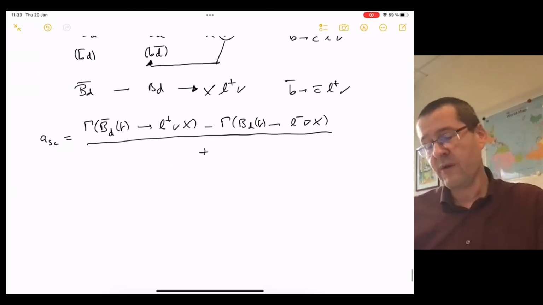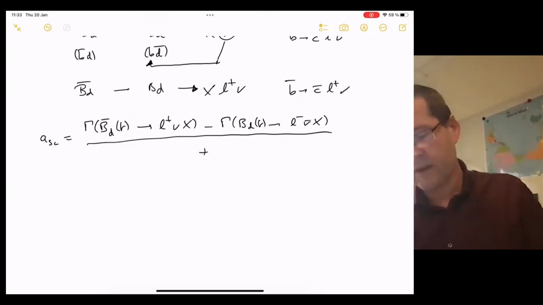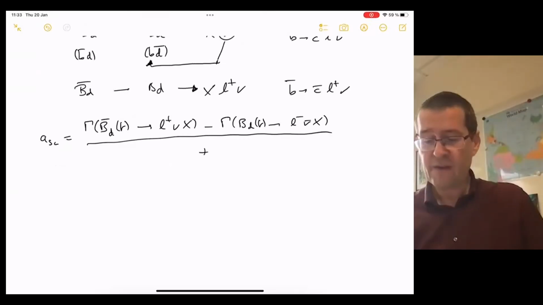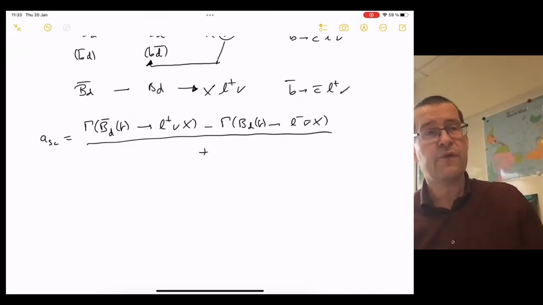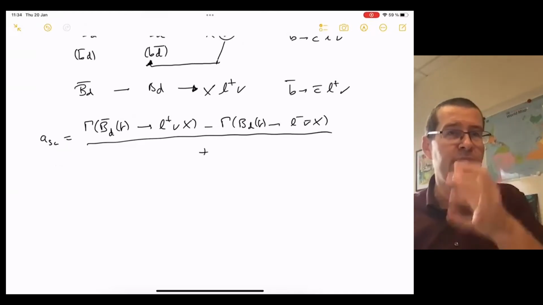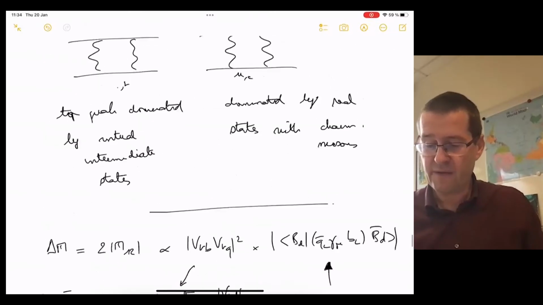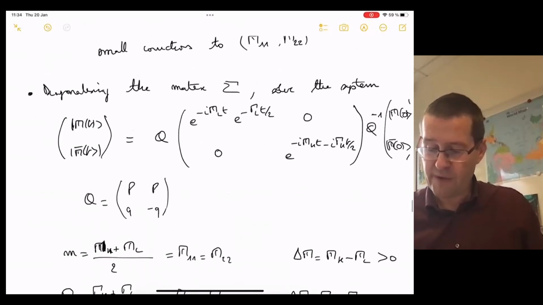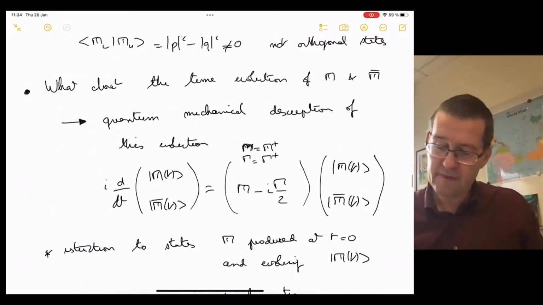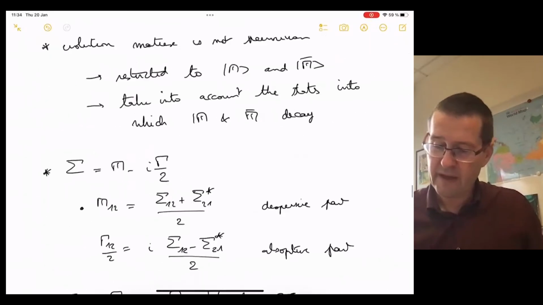And if you look back to what we just wrote, you see that this is probing the fact that you're going from B bar to B or from BD to BD bar. And each time you have a change of this, then you have a Q over P in one case. Let me try to find that again.